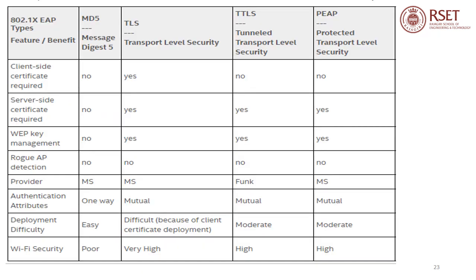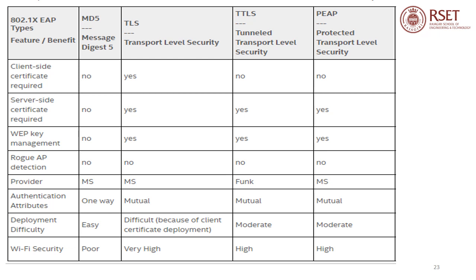This table gives a comparison of the four methods that we have discussed just now, that is the EAP based framework method using MD5, using TLS, using TTLS, and using protected EAP.